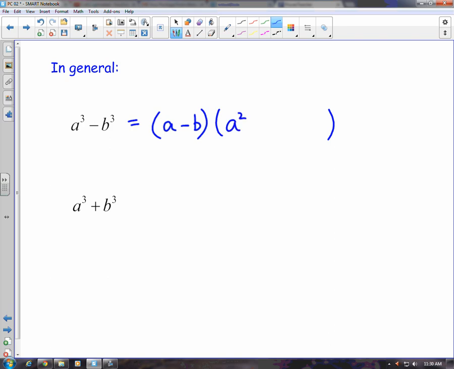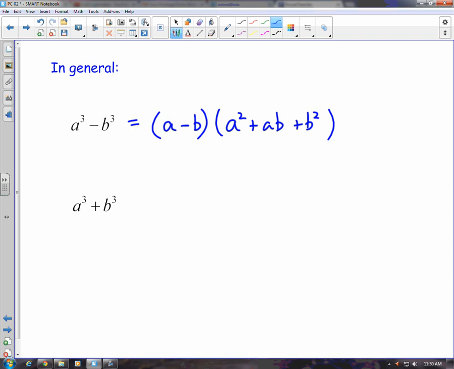It's the square of the last term, tucked at the end here, plus b squared. And then in the middle is the product of those two with the opposite sign. So this is a plus sign.